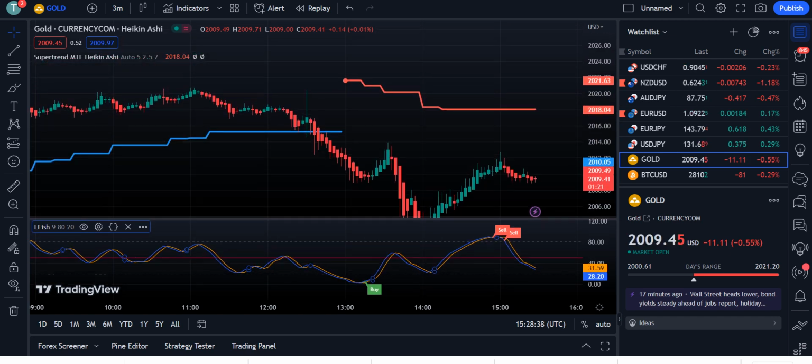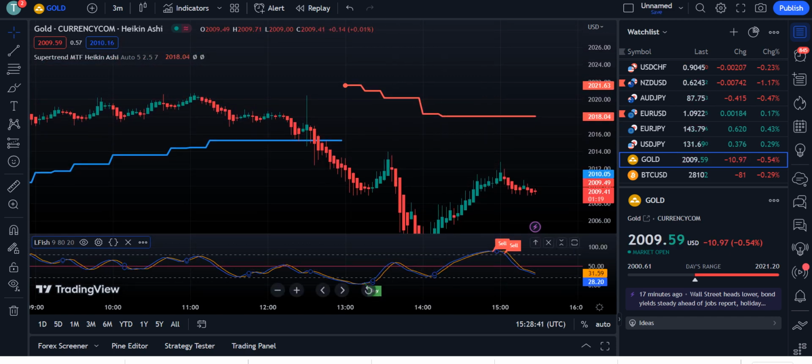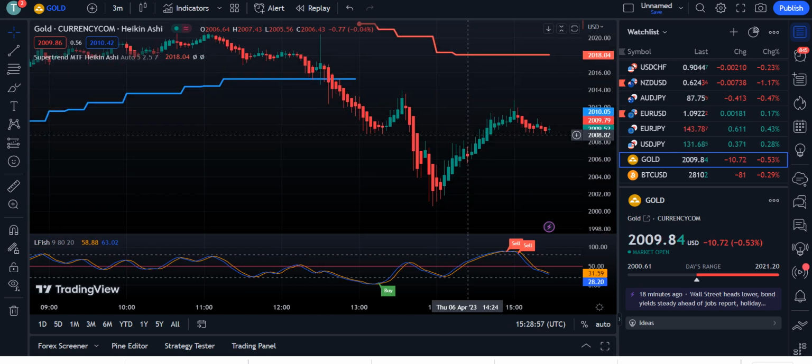Whenever our market will be in the oversold level, the market will take a trend reversal and it will go above in the bullish trend. And whenever our market will be in the overbought level, there will be a sell signal by the indicator, and it will take the trend reversal and it will definitely come down for the bearish trend.